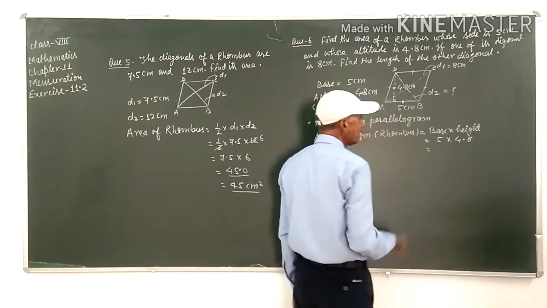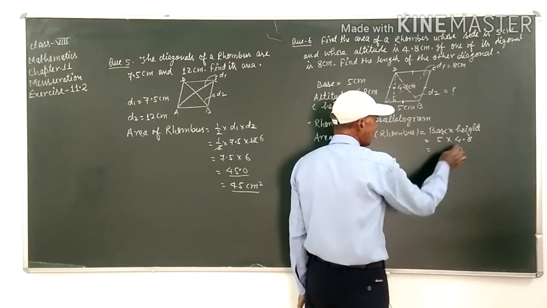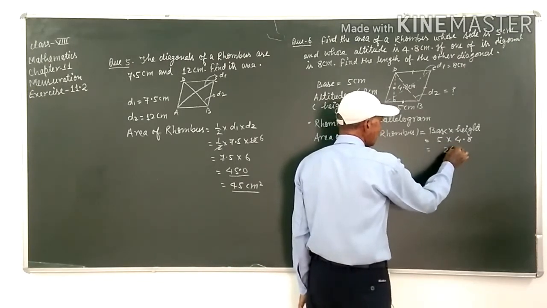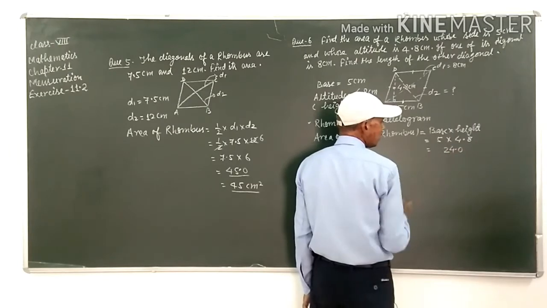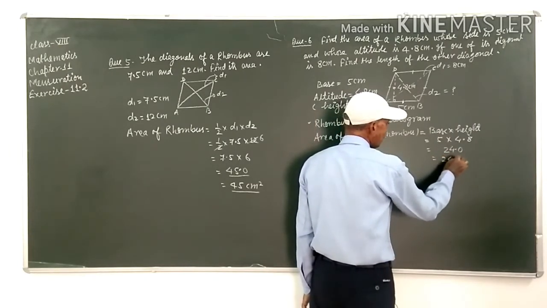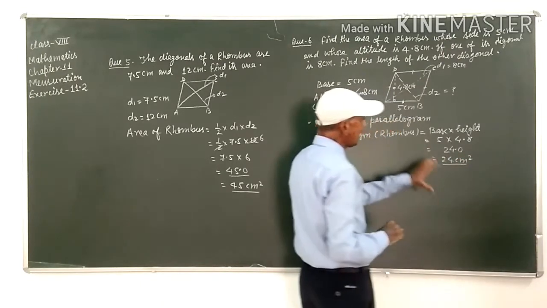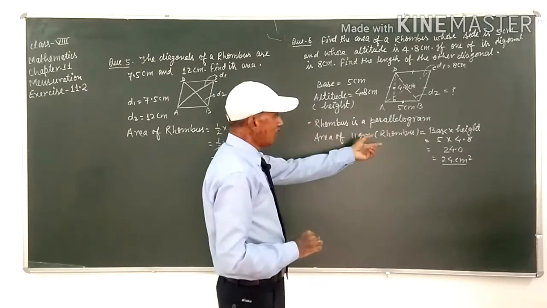So multiply it: 5 times 8 is 40, 0 carry 4, 5 times 4 is 20 and 4 is 24. So 24.0, it means 24 centimeter square. This is the area of the rhombus.